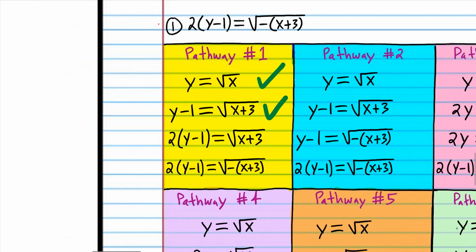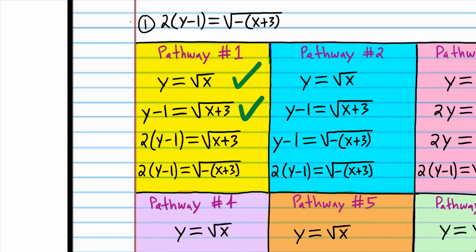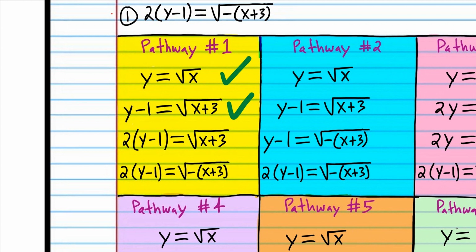You see, if we multiplied only y by 2 and not the entire difference, y minus 1, then the transformation properties would tell us to divide all the y values of the graph of the previous equation by 2. But that's not what we're doing. We're multiplying the entire difference, y minus 1 by 2.